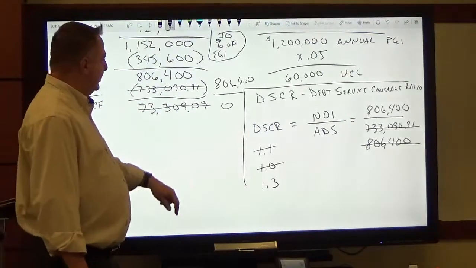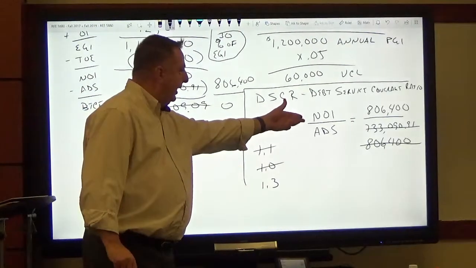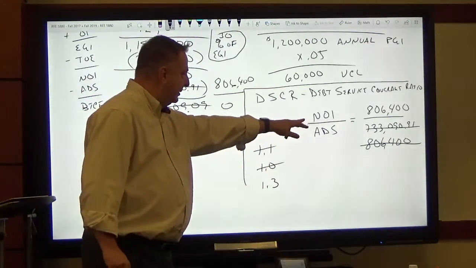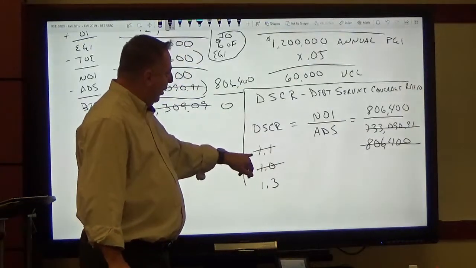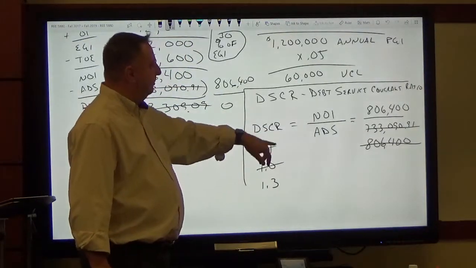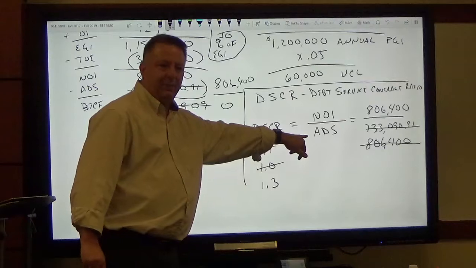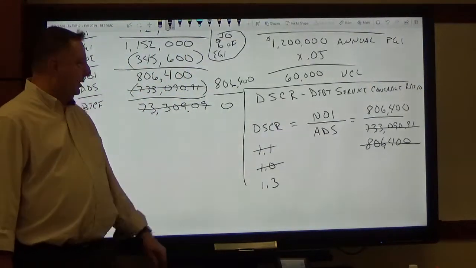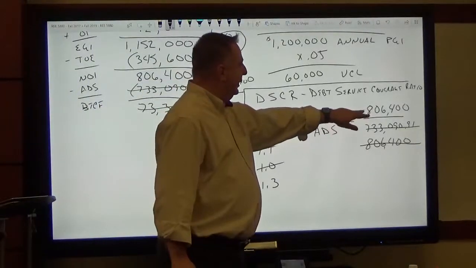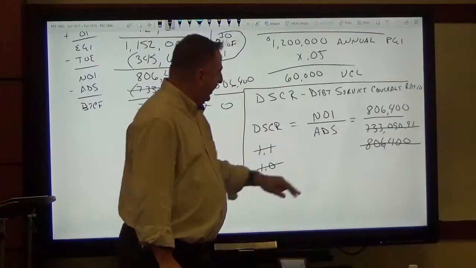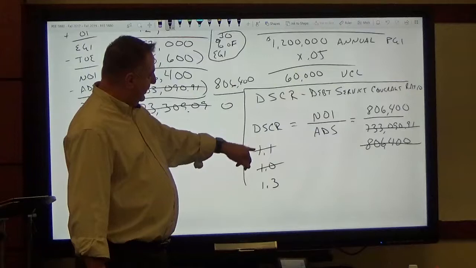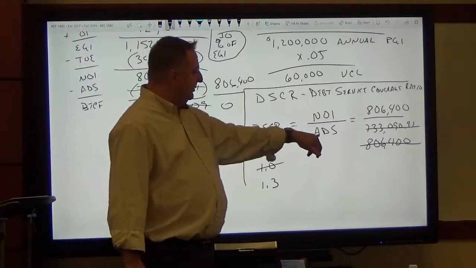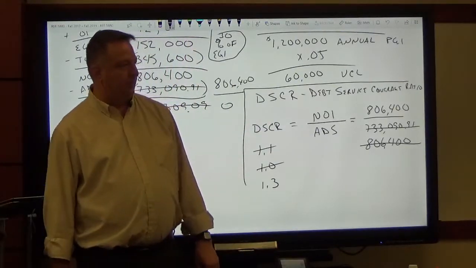Because 90% of the NOI is not the same as simply saying we want 10% more than your annual debt service. So we're not multiplying the percentage, we're dividing it. All you're doing is taking this numerator and dividing it by, in this case, the debt service coverage ratio, which gives you your annual debt service. Okay?